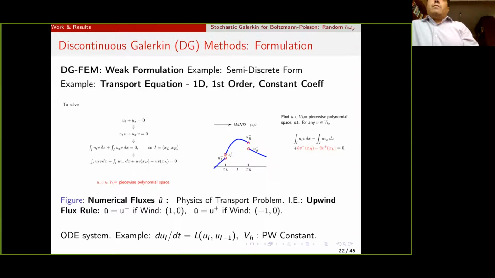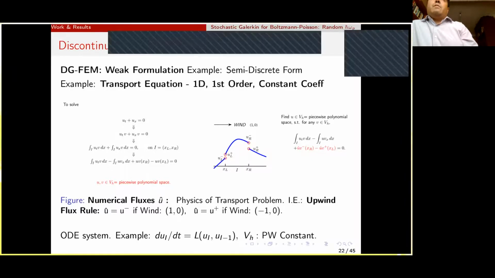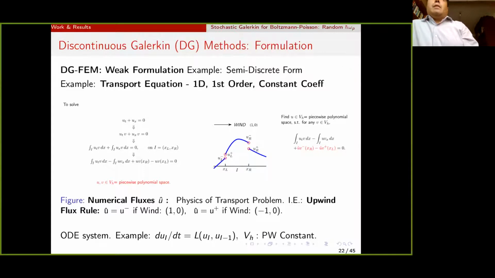If you were to think of the simplest example where you have a linear hyperbolic equation with constant coefficients, you know that hyperbolic transport propagates discontinuities. And so if you use discontinuous functions, you can model that propagation of discontinuities, but there arises the problem of what is the value at the boundary.